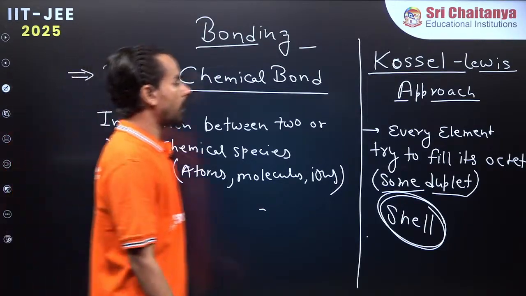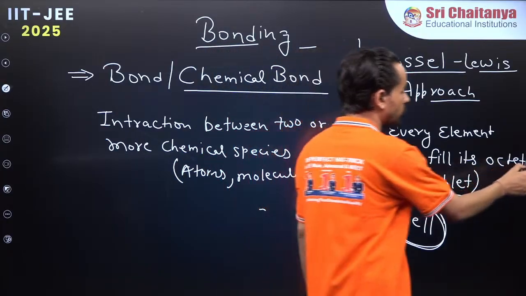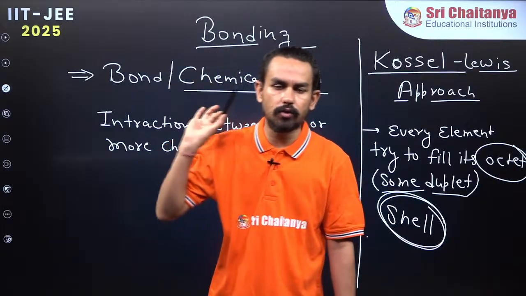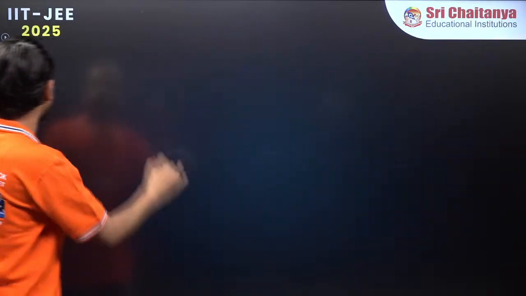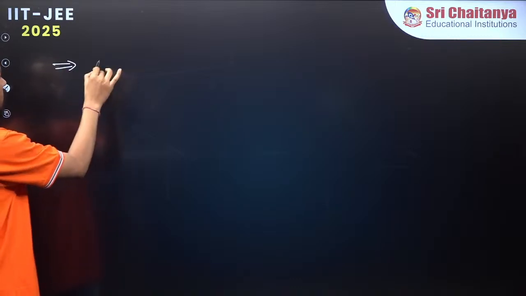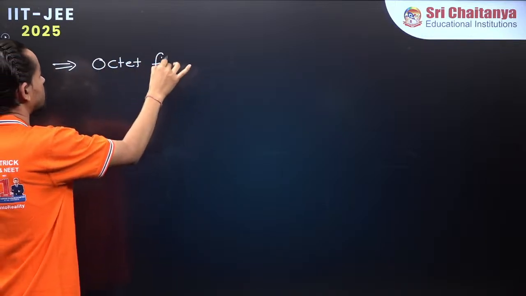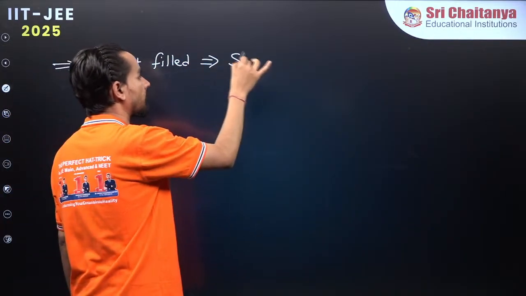Okay, so why everybody is following the octet, or why everybody wants to fill the octet, is because as soon as somebody fills its octet, it becomes stable. If octet is filled, then it is stable.